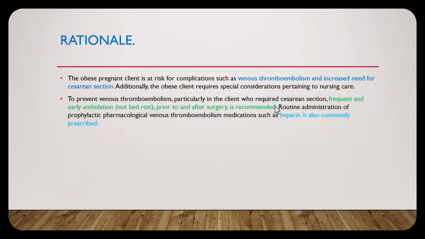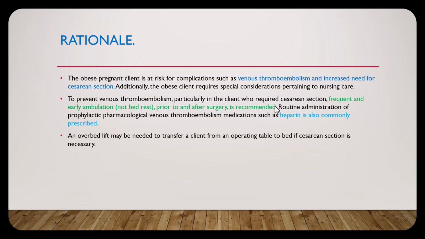To prevent venous thromboembolism, particularly in the client who requires cesarean section, frequent and early ambulation prior to and after surgery is recommended. Also, routine administration of prophylactic pharmacological venous thromboembolism medications such as heparin is commonly prescribed.